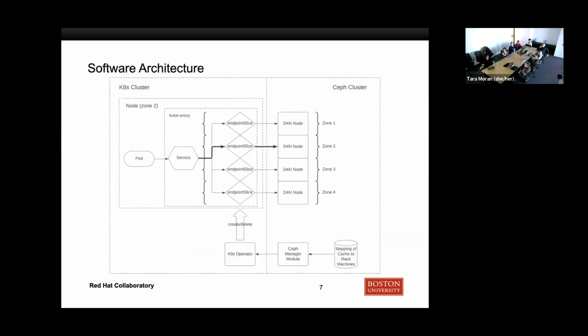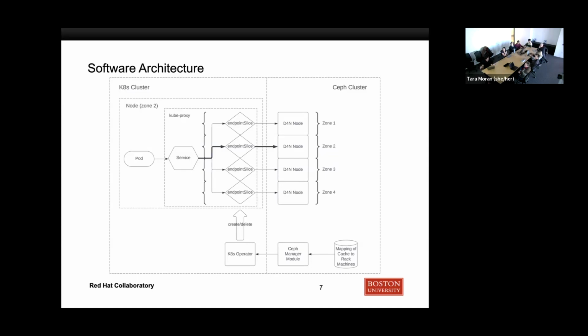This is the software architecture of how it's all connected. We'll have a pod in a node, let's say that it's in zone 2. The pod sends its request to the kube proxy, which is the thing that manages the network forwarding, and it'll send it to the service.